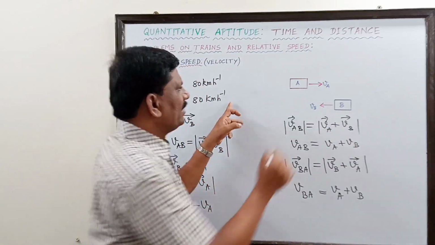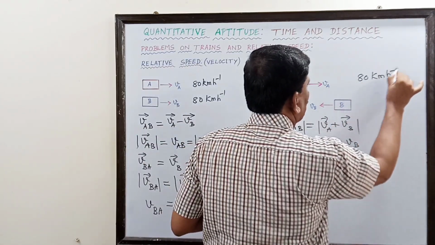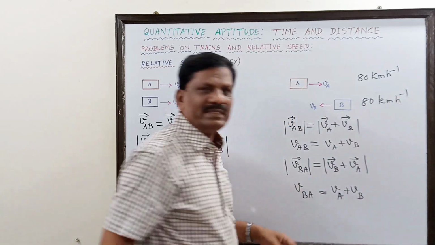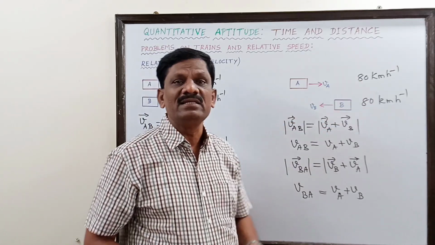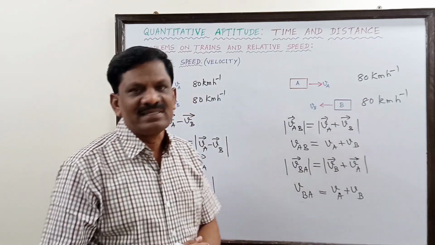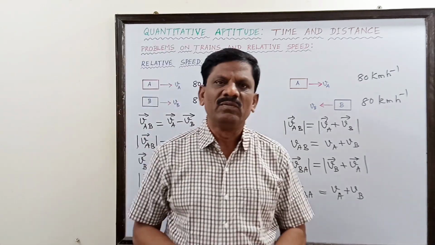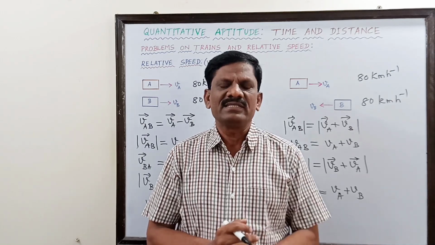Suppose both buses are going at 80 km per hour, what is the relative speed of A with respect to B? It is 80 plus 80, which is 160. Understand? We are going to use this concept while solving numerical problems on trains.